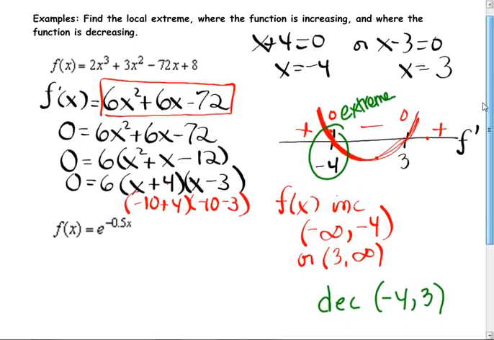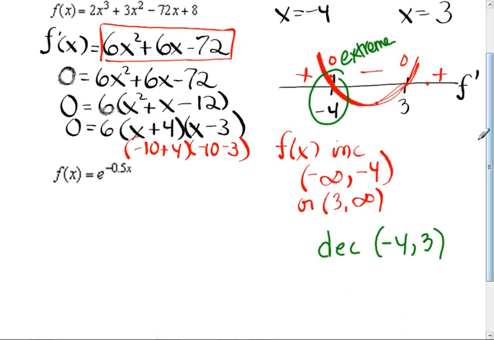Usually it's the x's on this one, but you could find the value here. And here's another extreme location. So we have extreme values at x equals -4 and x equals 3. Does anyone want to venture a guess as to what's true about -4? Is it a max or min?